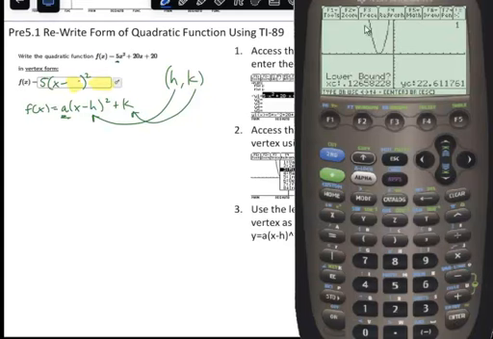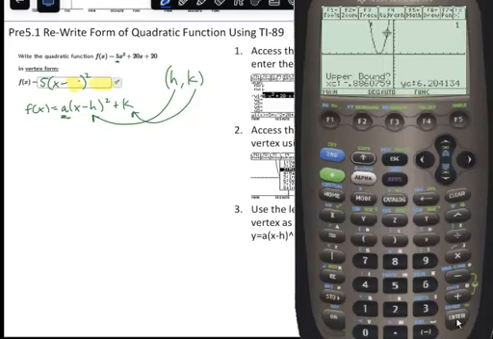And if you can't see, so notice here I can't see where my cursor is, but I look down here, this is the x coordinate, is 0.12. So my cursor is really here. It's to the right of this vertex. So I need to scroll to the left until I see it. There it is. And now I'm somewhere to the left of my vertex. Hit enter, set that lower bound. Scroll somewhere to the right of my vertex.